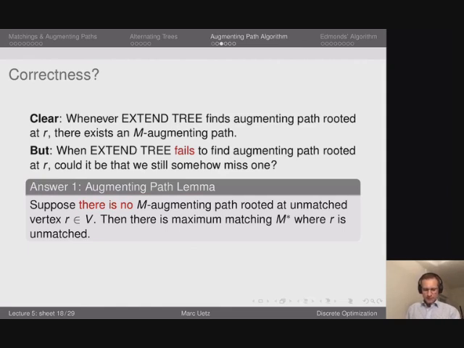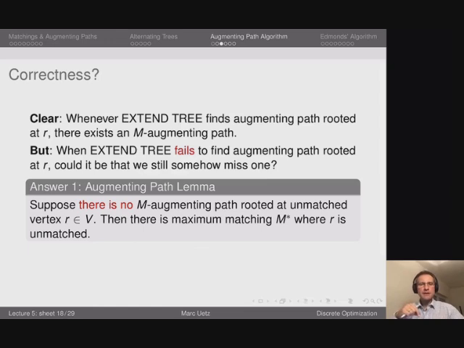It says the following: suppose there does not exist an M augmenting path rooted at an unmatched vertex R. Then there exists a maximum matching for the whole graph, M star, where this vertex R is also unmatched. So if there doesn't exist an M augmenting path for the given matching M rooted at R, we can also skip it.